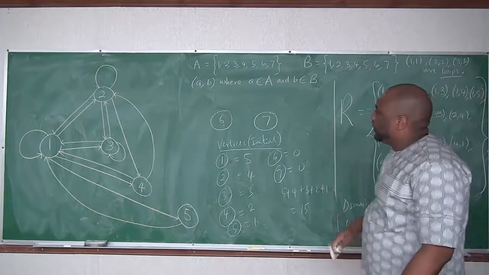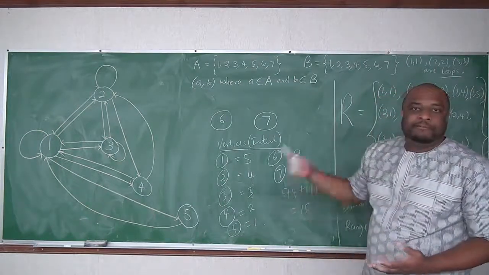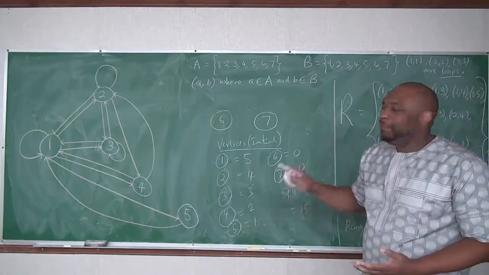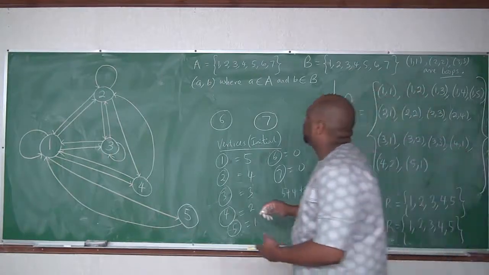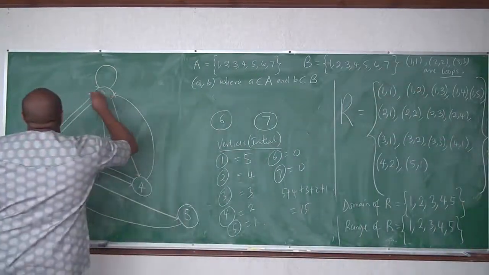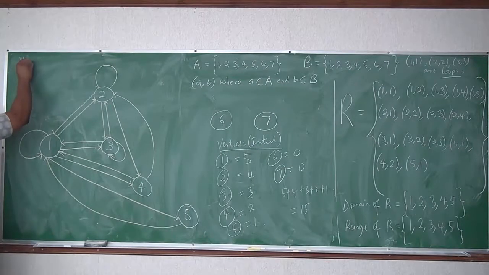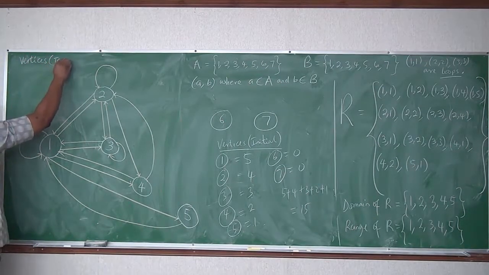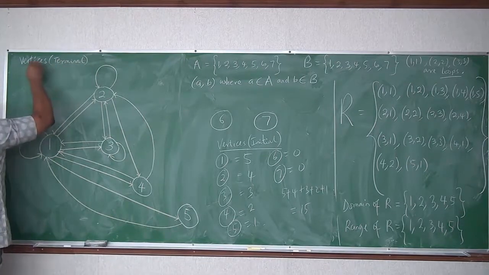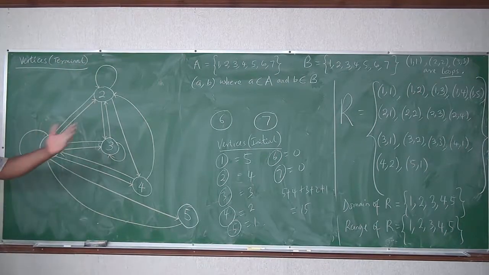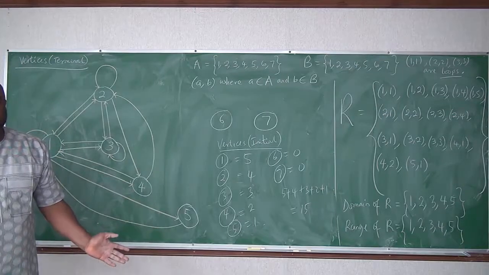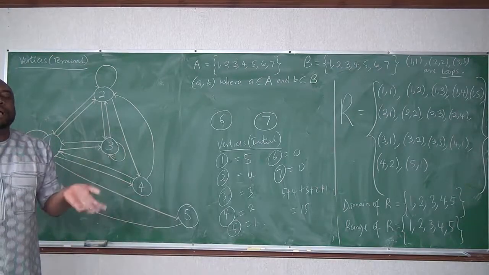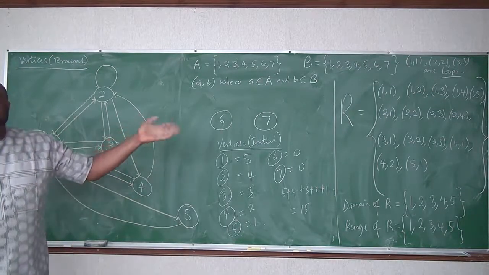Okay? And even if you want to do it with the final, terminal vertices, you can still do it. Like, you know how many elements are in the relation?